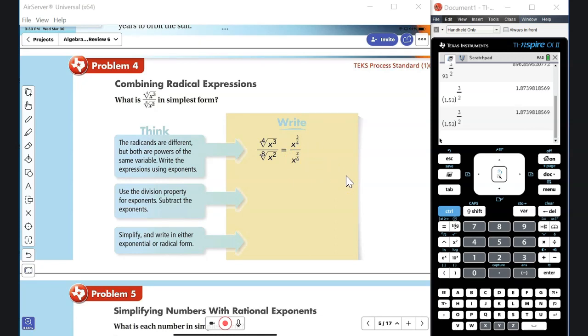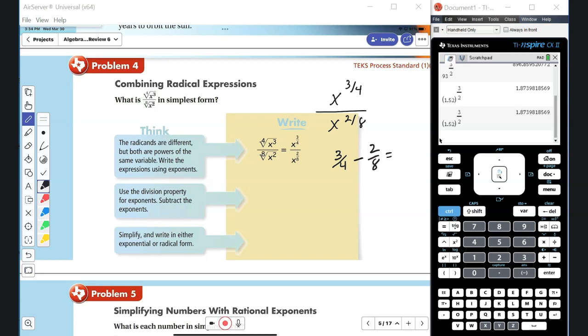So we know that if we have x to the 3/4 power divided by x to the 2/8 power, then if we look at our exponents, we have 3 over 4 minus 2 over 8.